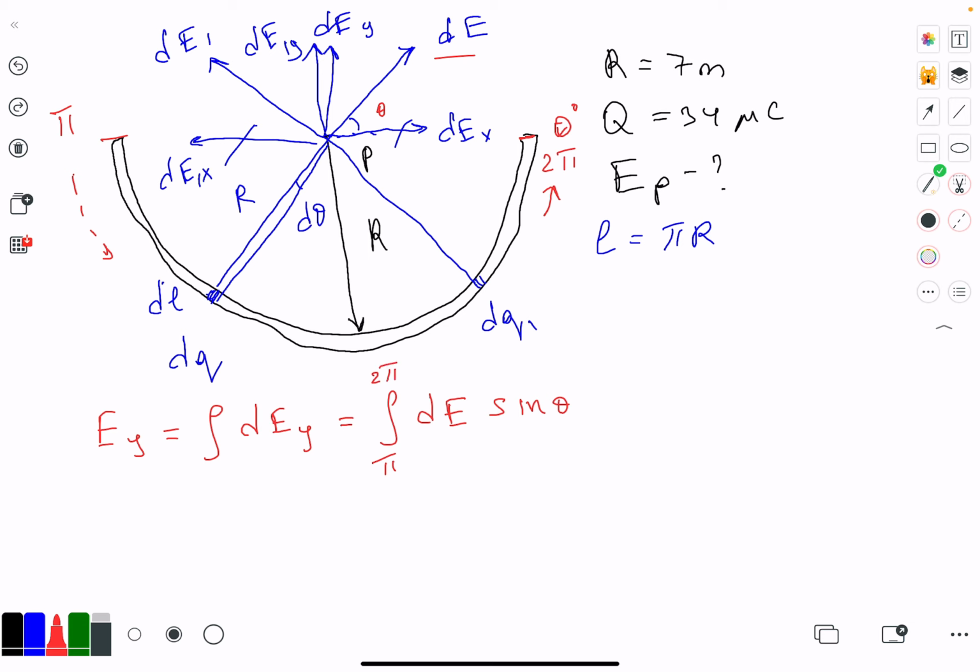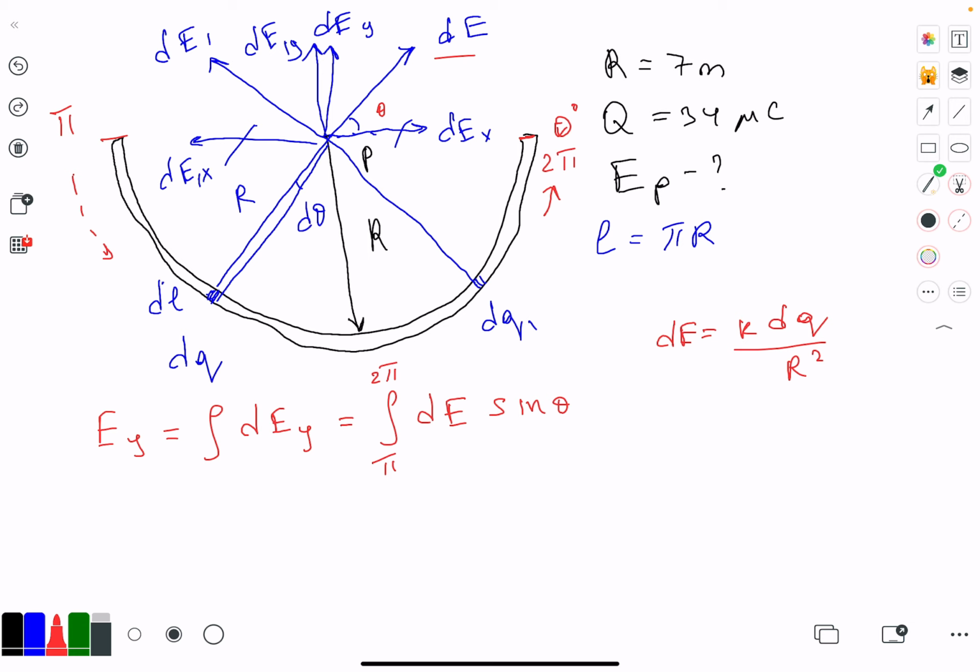Now what about dE? dE is equal to k dq divided by r squared.